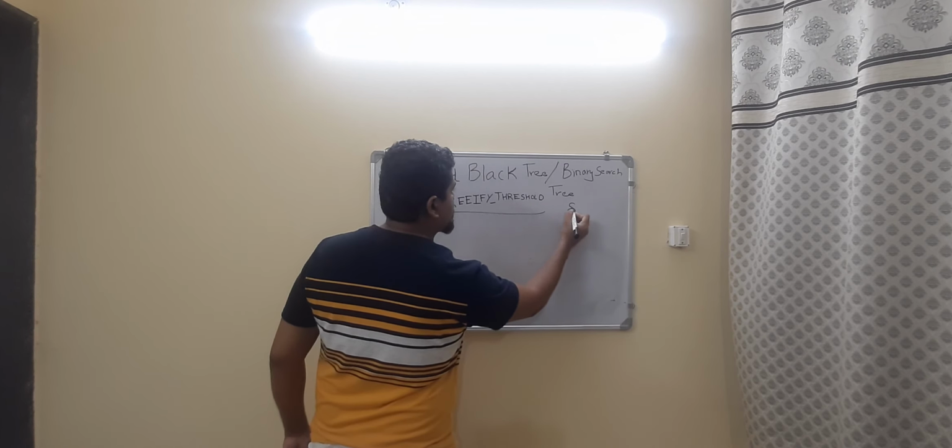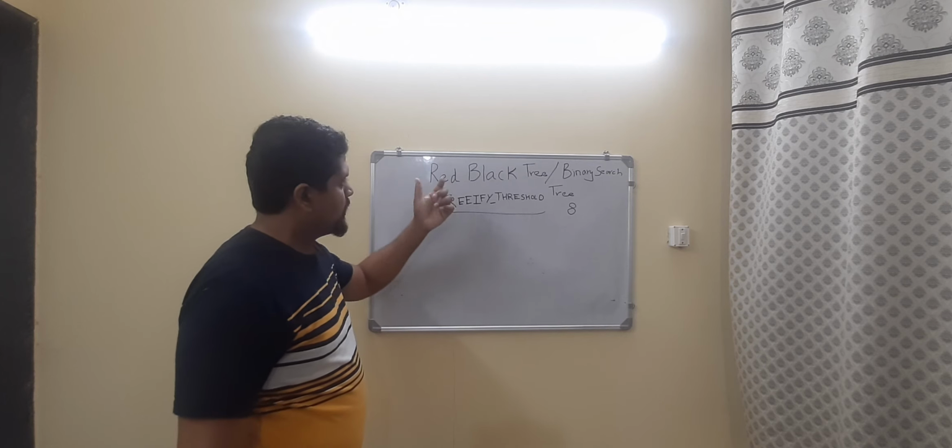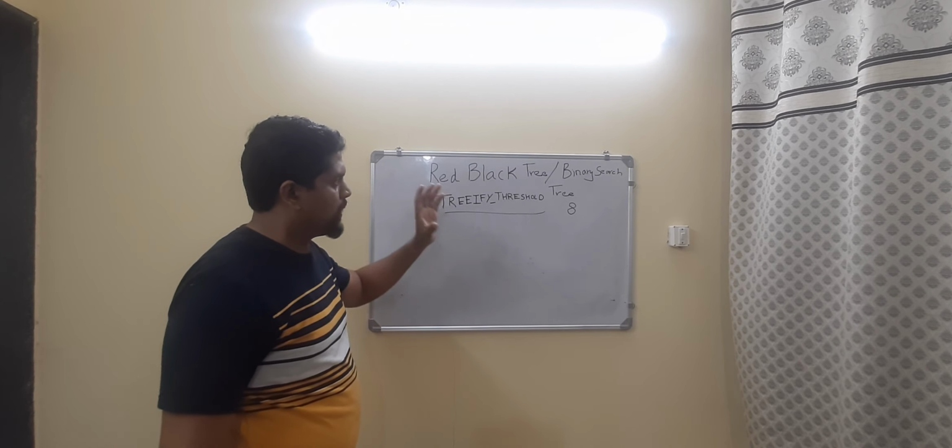So when there are 8 or more hash collisions, it basically converts itself from linked list to red black tree or binary search tree.